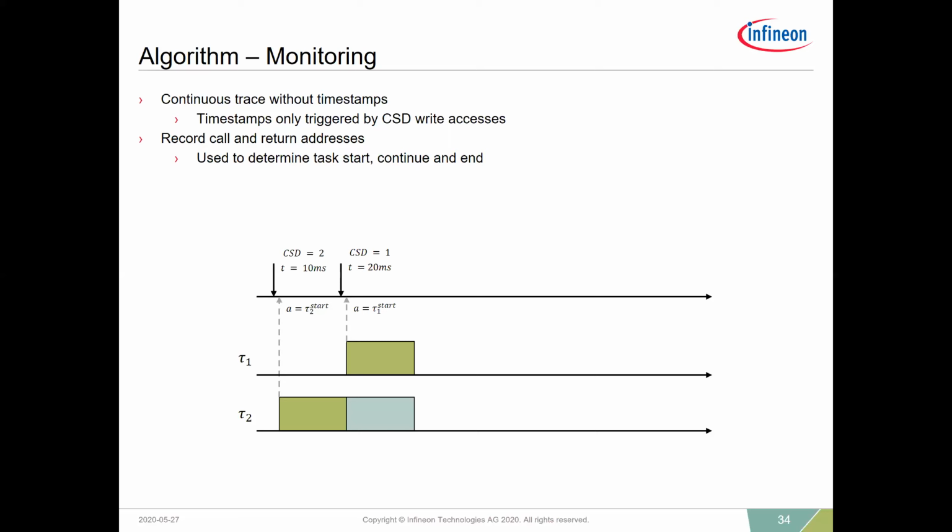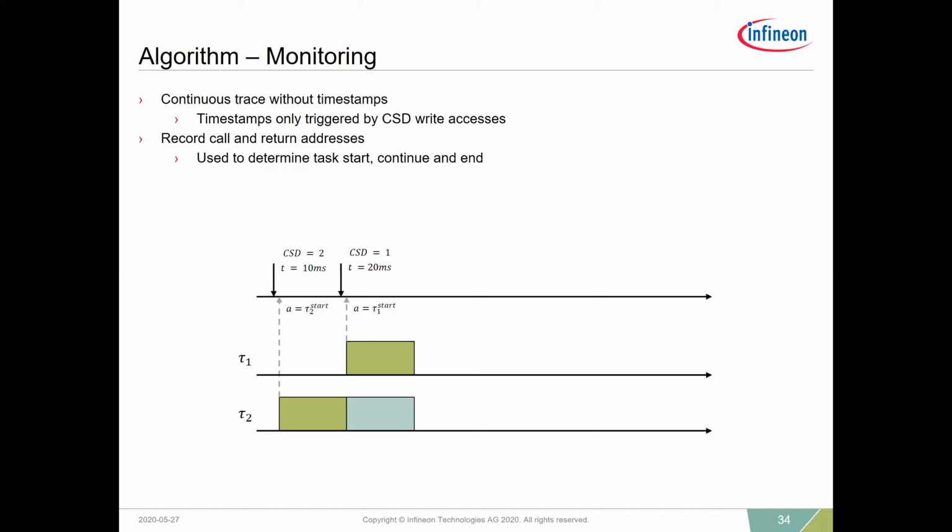And then at t20 milliseconds, we see that the value of the CSD is changed to a different task, in this case task 1. And we also see, okay, task 1 now started execution, but we don't know yet what happened to task 2, because we don't know if task 2 has finished execution or if it will continue.